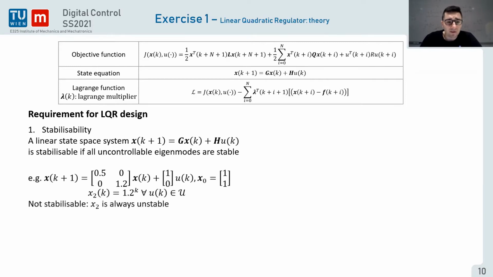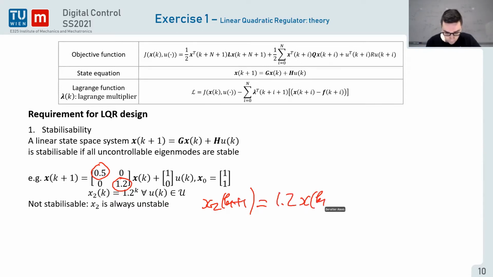For example, here's a simple example. You have x(k+1) is some matrix times x(k). You can directly identify that this is a diagonal matrix, so these two entries are the eigenvalues. Then you add something times u, and you can directly see that the second state, x2 in this case, x2(k+1) is equal to 1.2 times x2(k), plus 0 times u(k).